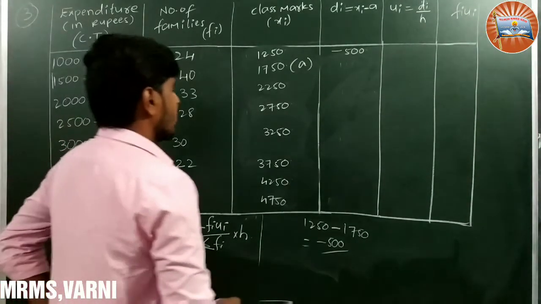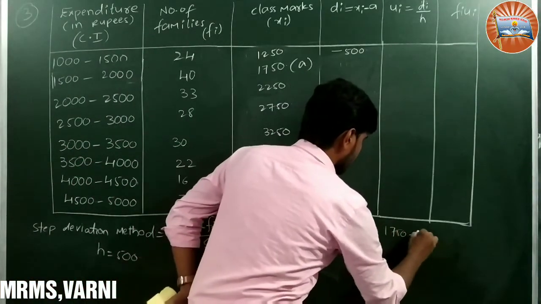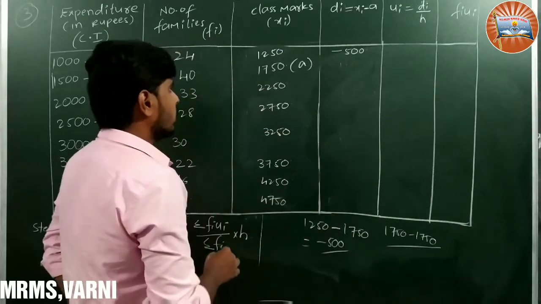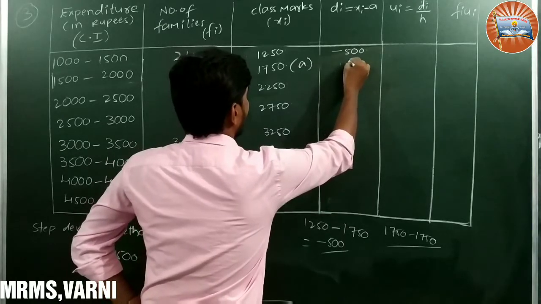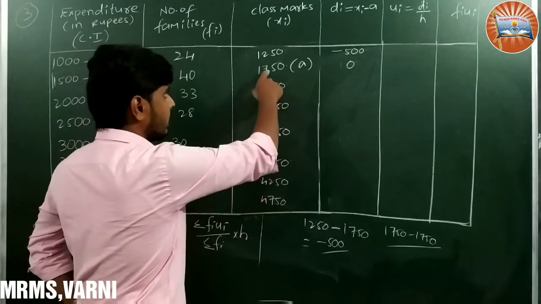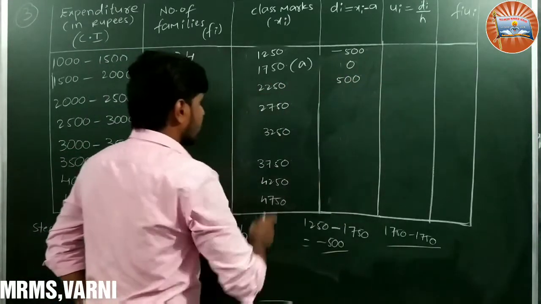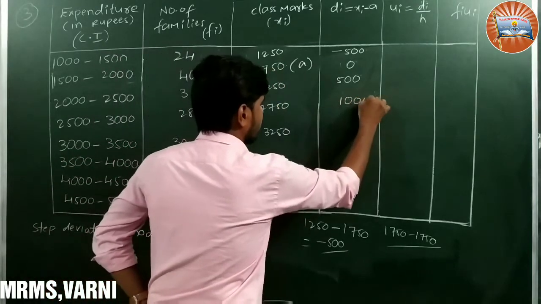Next, 1750 minus 1750. Now what did we get? It is 0. Next, 2250 minus 1750 is 500. 2750 minus 1750 is 1000.